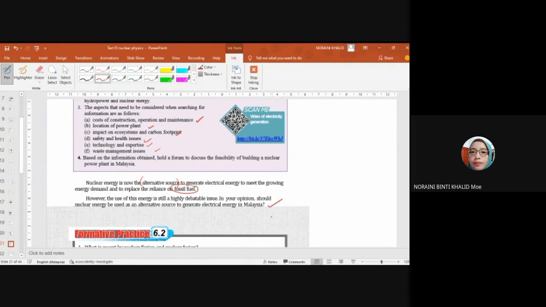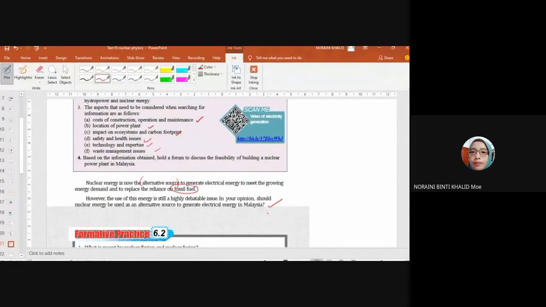I think in terms of cost, the power plant is very costly to build, because so many safety features need to be fitted in. And in terms of pollution, of course, nuclear energy is cleaner compared to coal and other fuels, because those will produce air pollution as some of the gas is released to the surrounding. So you can study more on this to get more information about the nuclear reactor.